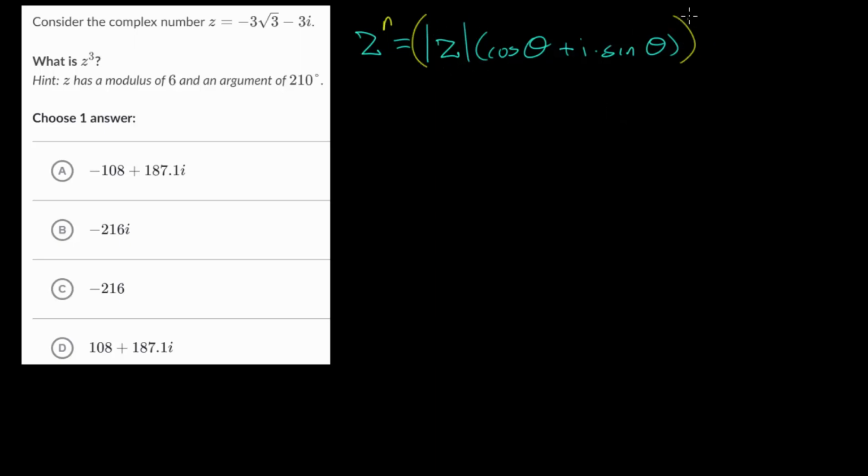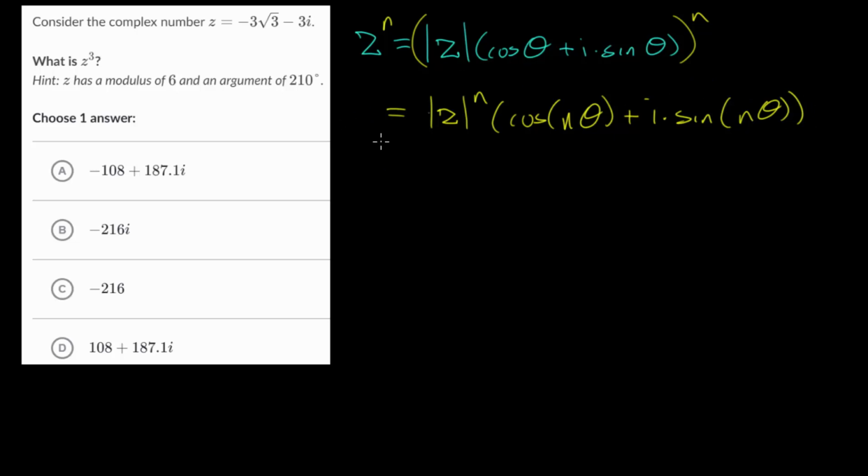So this entire expression gets raised to the nth power. And what we found is that this is equal to the magnitude of z raised to that nth power multiplied by the cosine of n times our angle theta plus i times the sine of n multiplied by that angle theta.